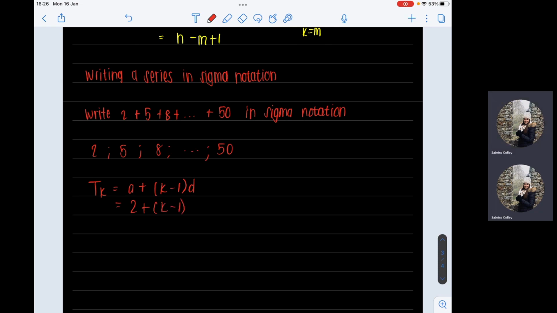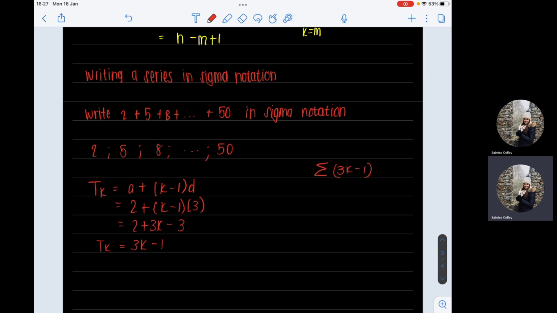Then k minus 1, and my difference, between 2 and 5, is plus 3. Between 5 and 8, that's plus 3. So my difference is 3. I distribute that in, so 3k minus 3, and that gives me 3k minus 1. So that's my general formula. Already in my sigma notation, I've got 3k minus 1 as my general formula.